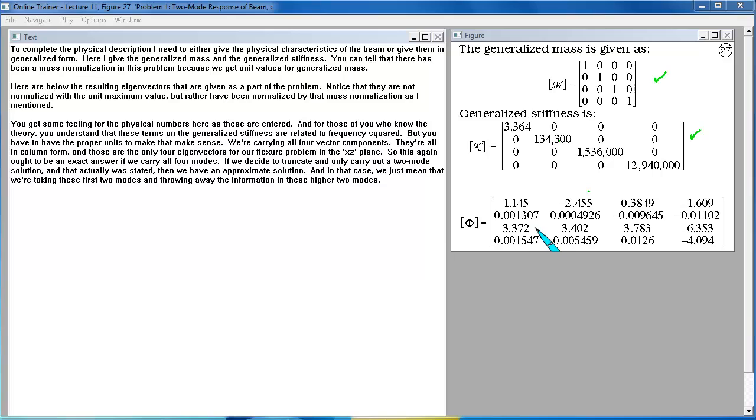So this again ought to be an exact answer if we carry all four modes. If we decide to truncate and only carry out a two-mode solution, and that actually was stated, then we have an approximate solution. And in that case, we just mean that we're taking these first two modes and throwing away the information in these higher two modes.